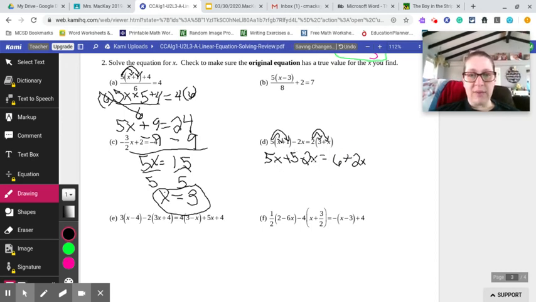I'm going to combine my like terms on this side. 5x minus 2x is 3x. There's nothing to combine over here, so I'm just going to carry it down. I'm going to move my smallest x. I have 3x and I have 2x, so my smallest x is the 2x. So I'm going to subtract 2x from both sides.